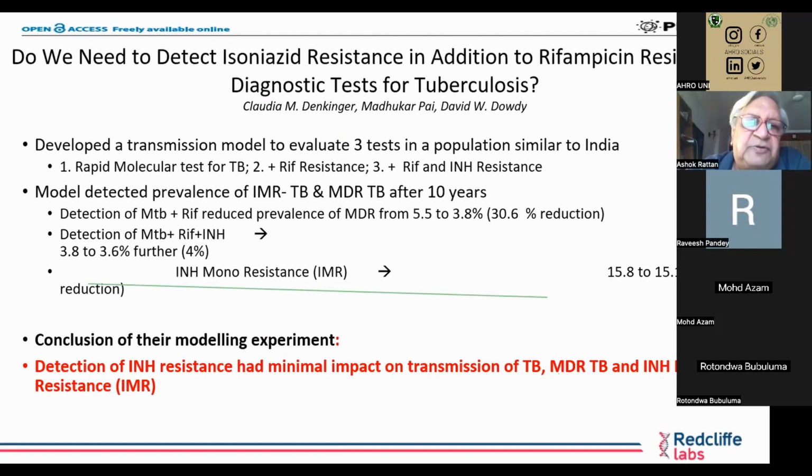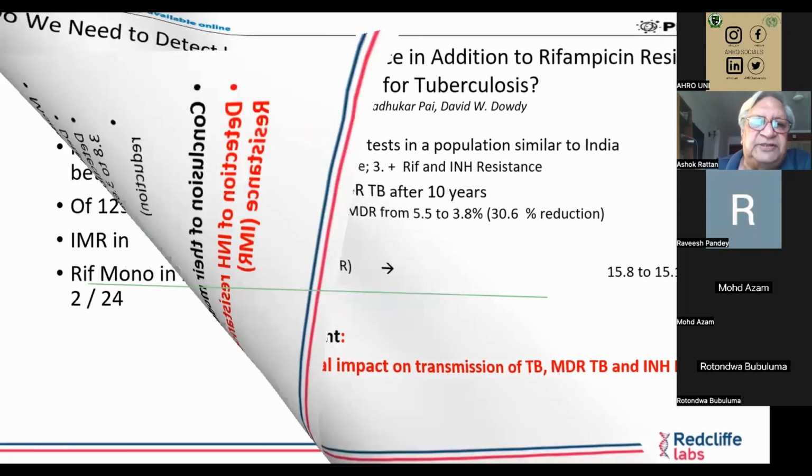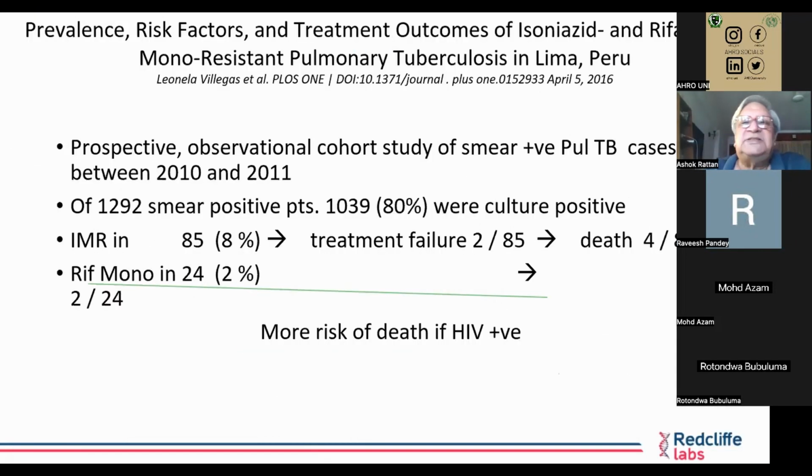But if you have to do INH resistance also, then you make only a 4% difference. But subsequent work in Peru indicated that when a person has INH resistance, then the treatment failure and death is more than if there is no resistance.